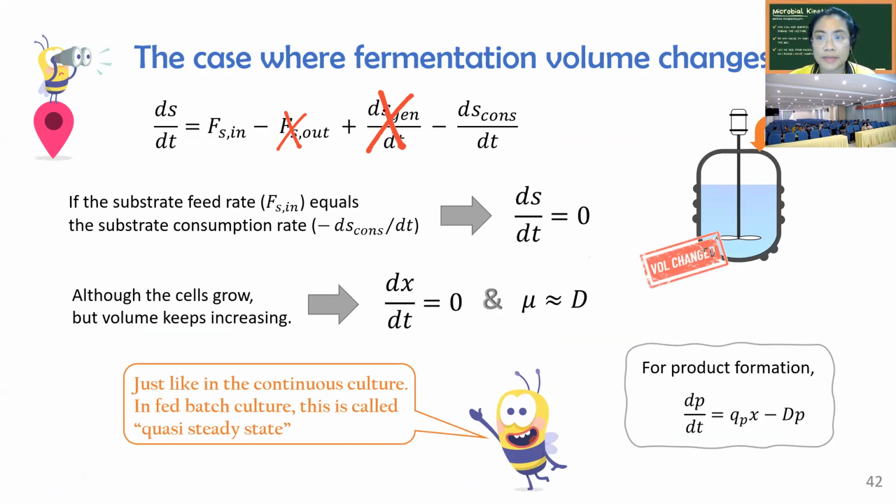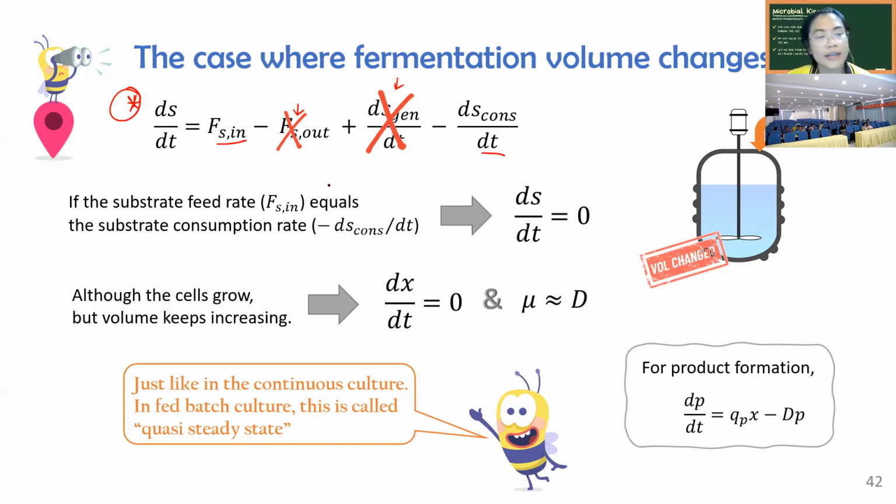So when the fermentation volume changes, this is how the mass balance will look. dS/dt, you don't have anything out, so that's 0. The change in substrate would equal the substrate fed in minus the substrate that is consumed.